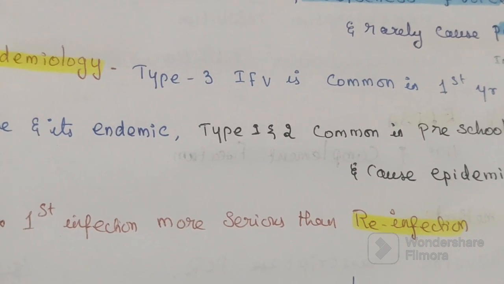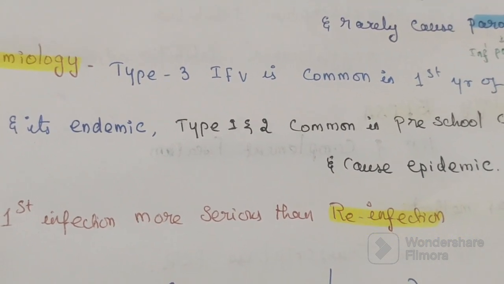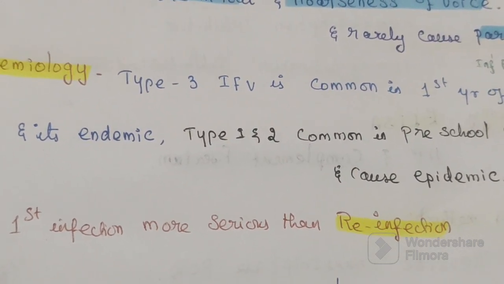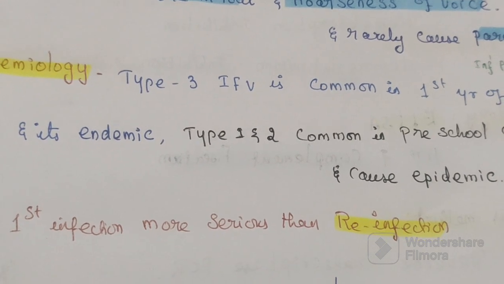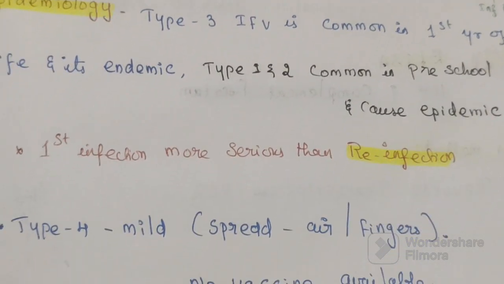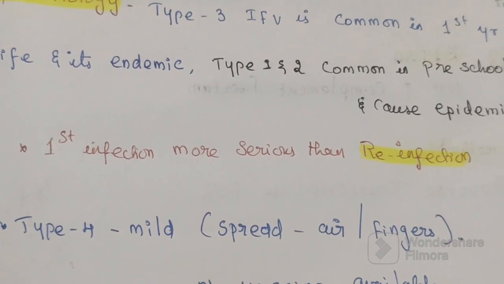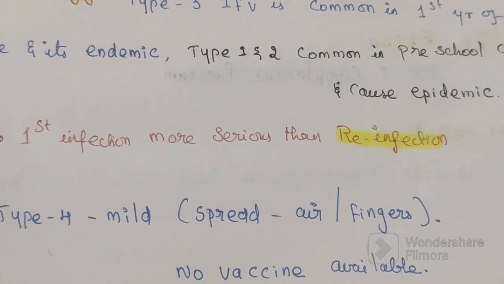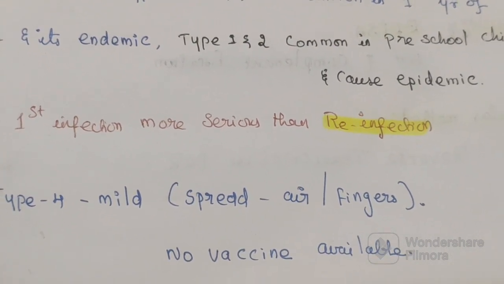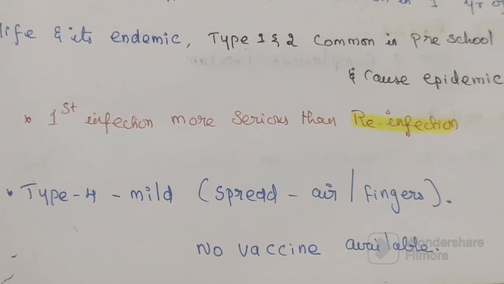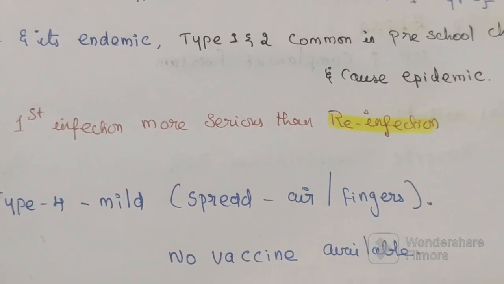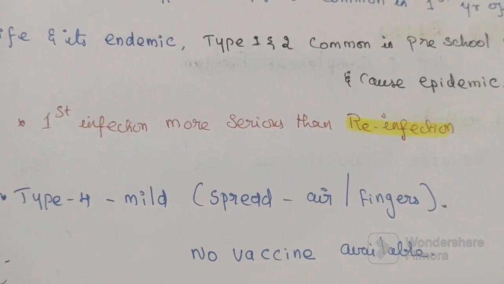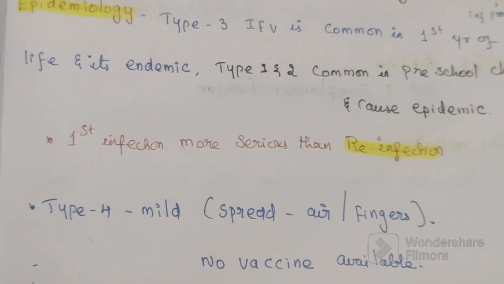First infection is more severe than reinfection. Reinfection is very common in parainfluenza virus. With type 4 parainfluenza virus, even the first infection is mild. Spread of the disease is either by air or through fingers. There is no vaccine available for this parainfluenza virus.